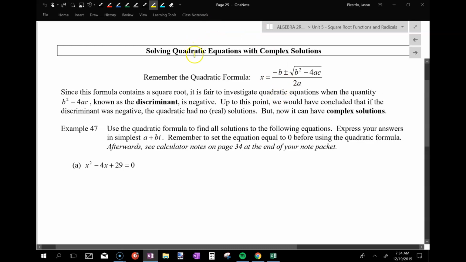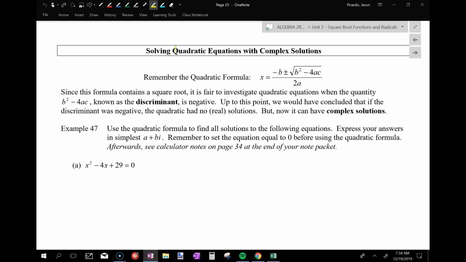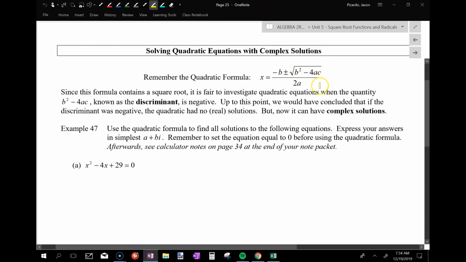So what I'm going to talk about now, guys, is how does the quadratic formula get into the mix with imaginary numbers? Because what does the quadratic formula have in it? Square root. So what potential exists? That the b squared minus 4ac could be a negative. Now, has that happened yet? No. But if b squared minus 4ac is a negative number, then the quadratic formula is going to produce imaginary roots.